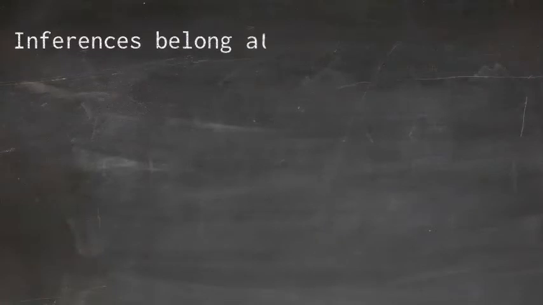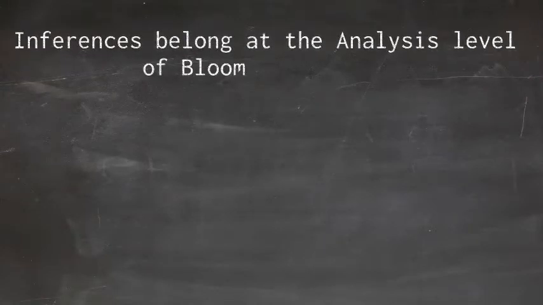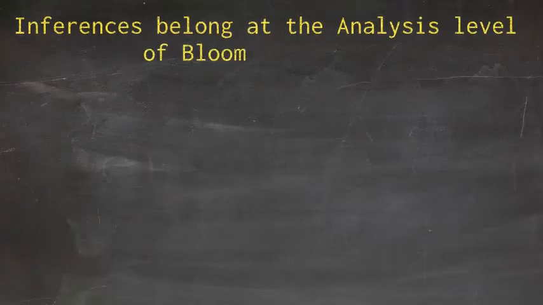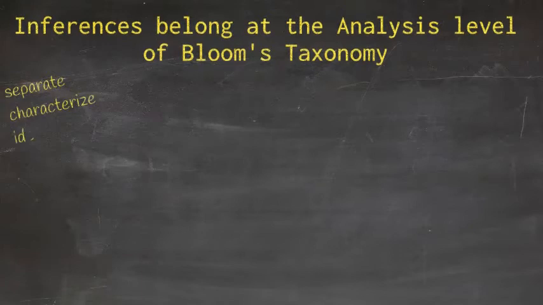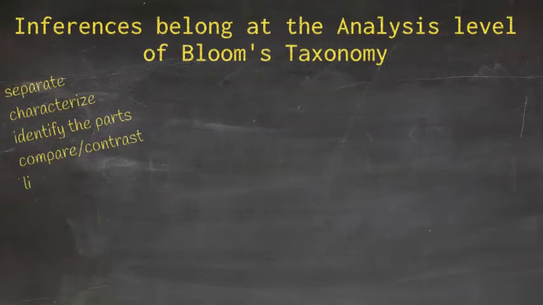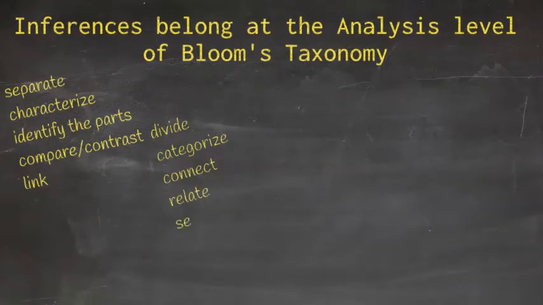Please take your yellow highlighter and highlight the sentence, "Inferences belong at the analysis level." Take a look at the verbs below analysis. These identify the skills, the cognitive tasks, necessary to begin the hard work of inference drawing. Highlight them in yellow also.